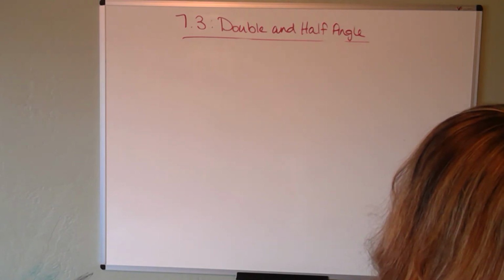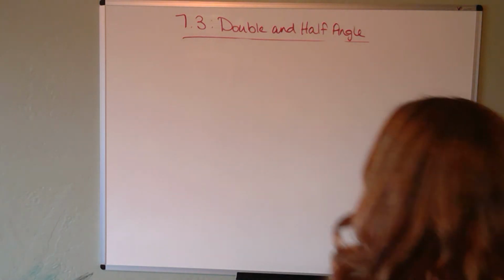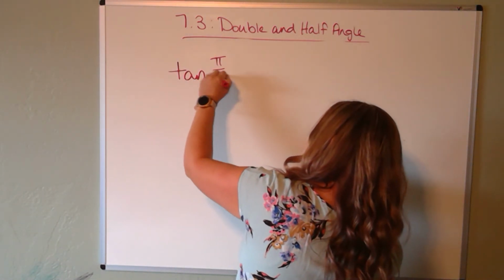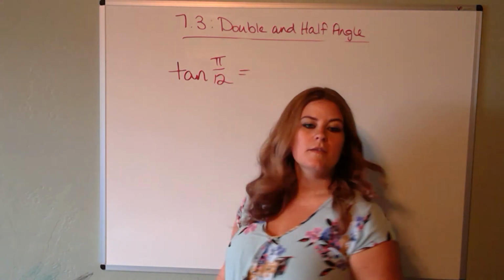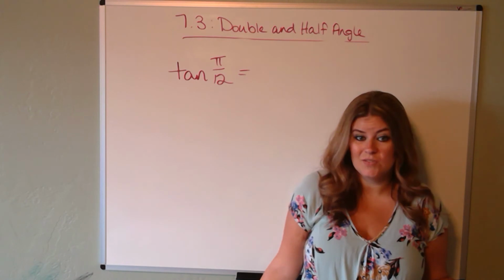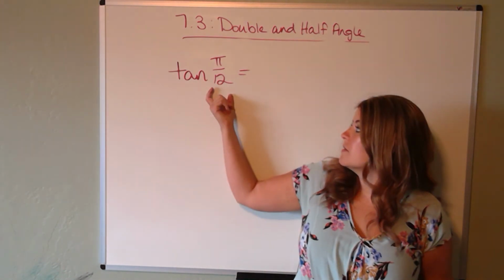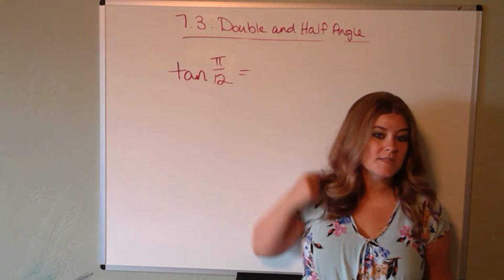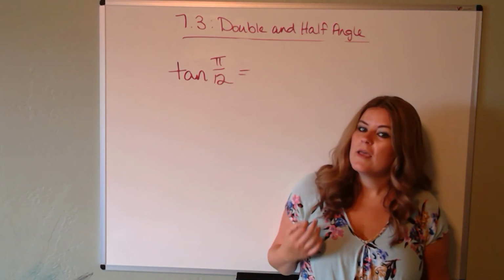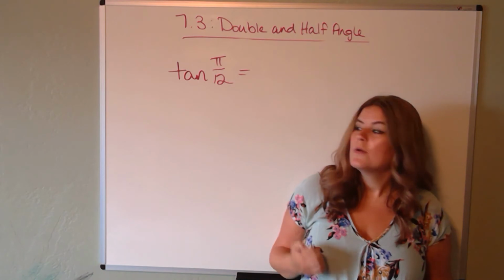All right, so first example. I want to find the tangent of pi over 12. So at first glance, it looks like maybe I just look at the unit circle. And so I go to my unit circle and I realize that pi over 12 is not on it. Of course not. So I'm thinking half angle identities.